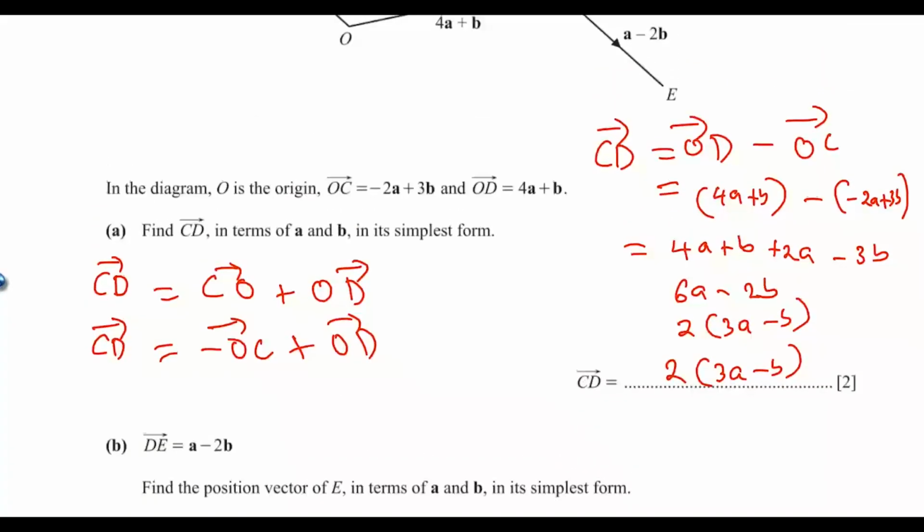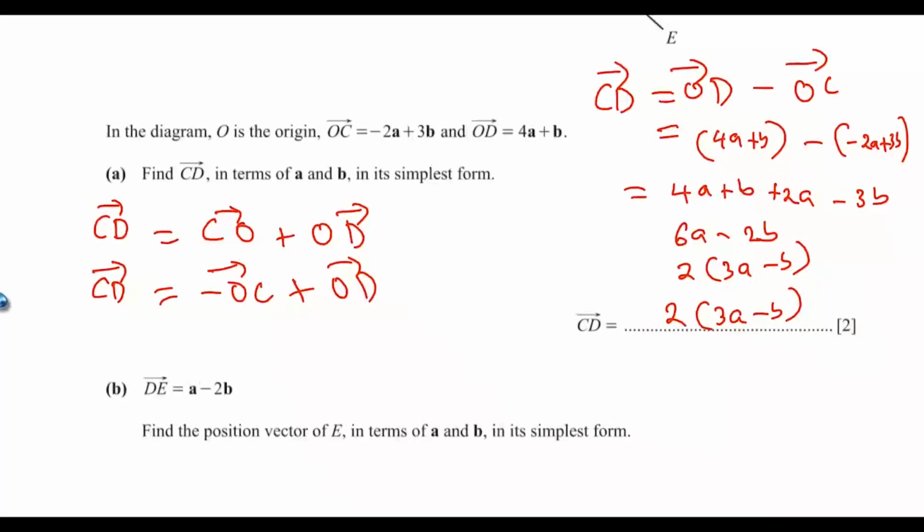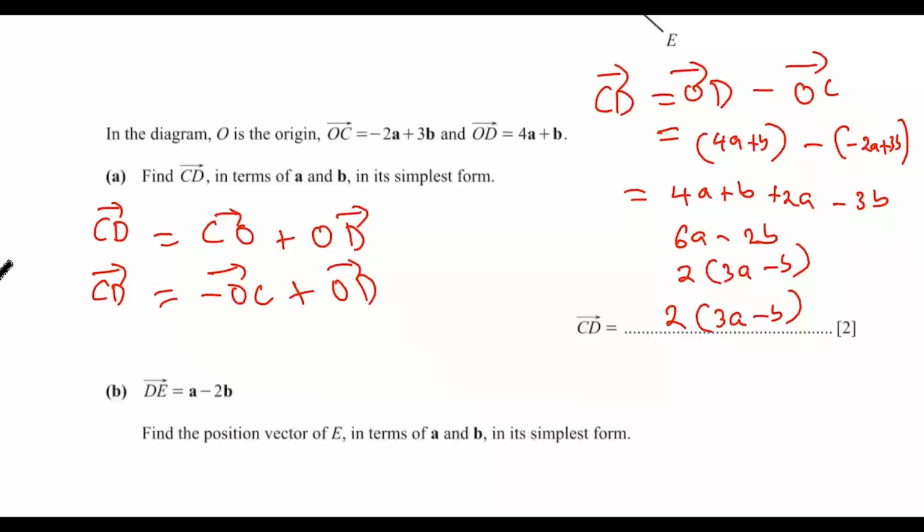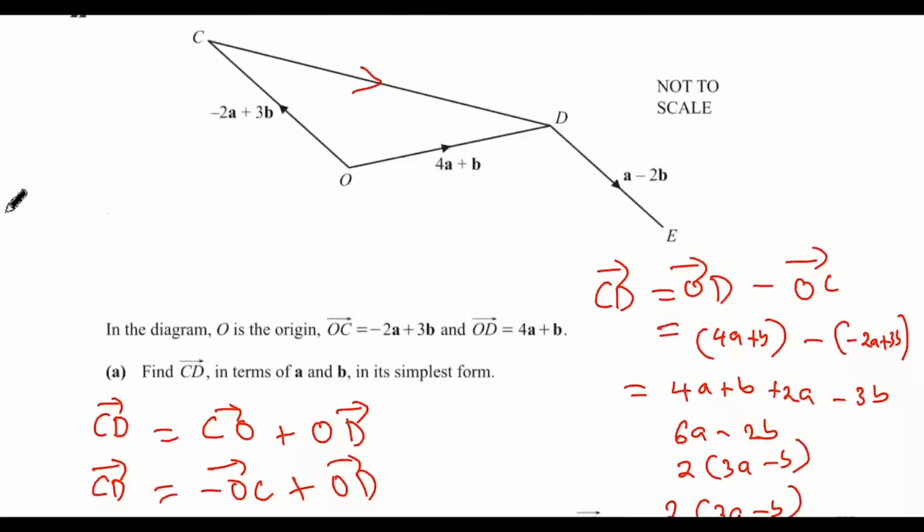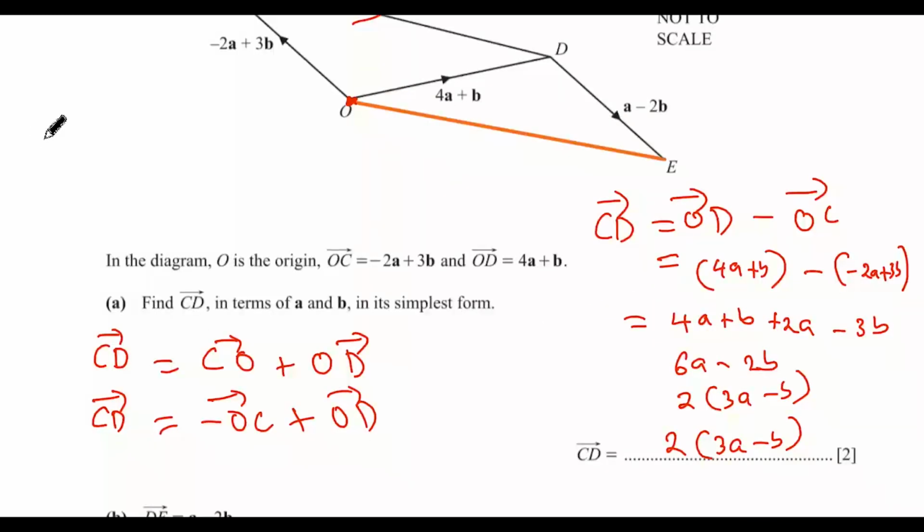So the position vector of E will be from here to here. Let's draw a line here. So OE is the position vector of E. OE means we want to move from O to E.